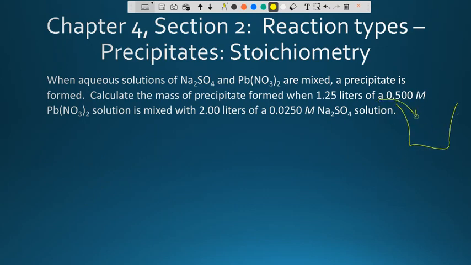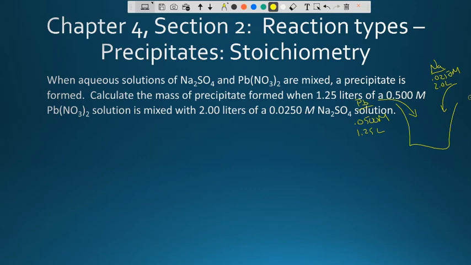We're putting in my lead solution, and my lead solution is a 0.0500 strength, and we have 1.25 liters worth. But my sodium solution is a 0.0250 strength, and it's a 2.0 liter solution. So I'm going to end up with like 3.25 liters total, aren't I?